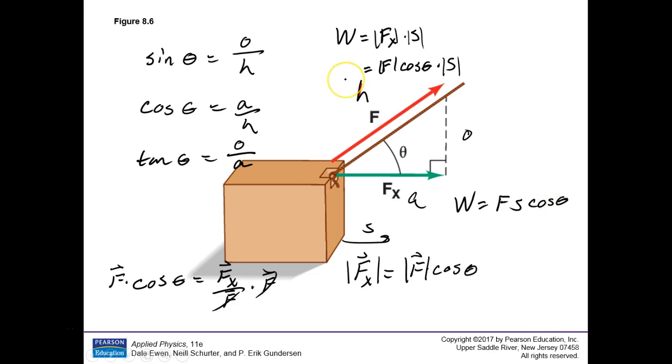They just brought the S over next to the F. You can put them in any order you want. So work W, capital W, is the work done. F is the applied force, that you can measure. S is the displacement, and theta is the angle between the applied force and the direction of motion. Got it?